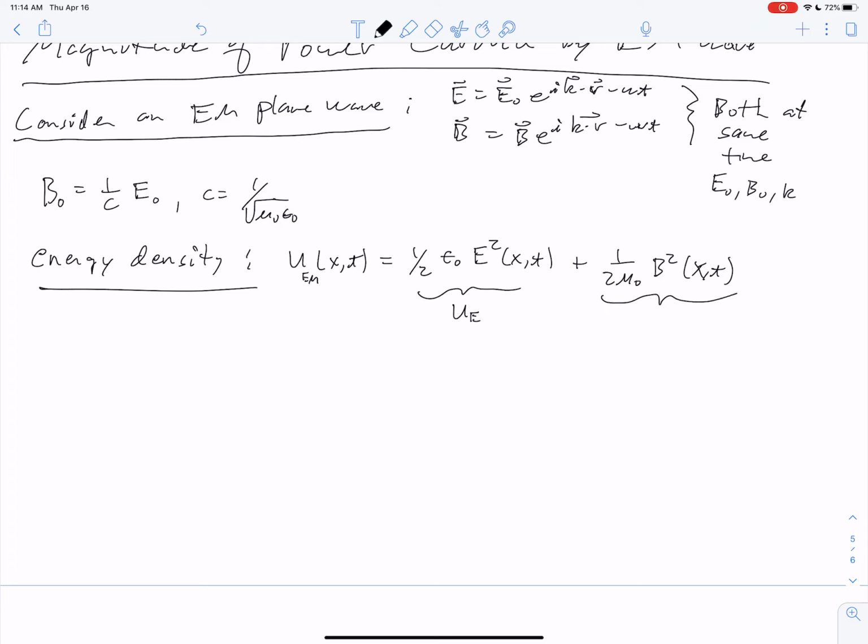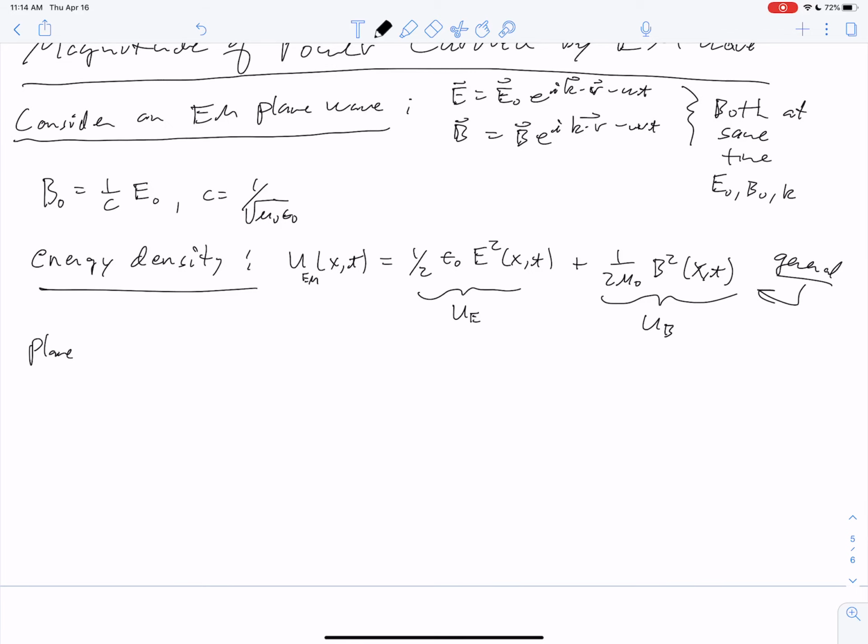And so this is the magnetic part. This is quite general, but for a plane wave there's something very special, because we have a very special relationship between B and E. We know that B naught is equal to 1 over c E naught.